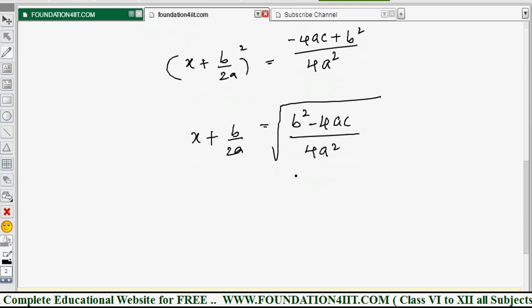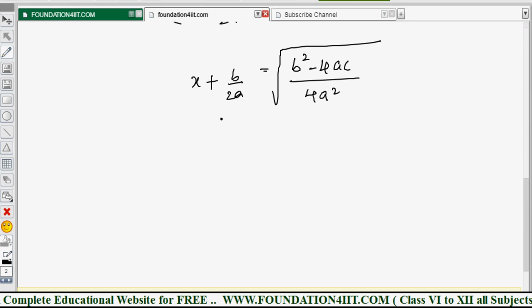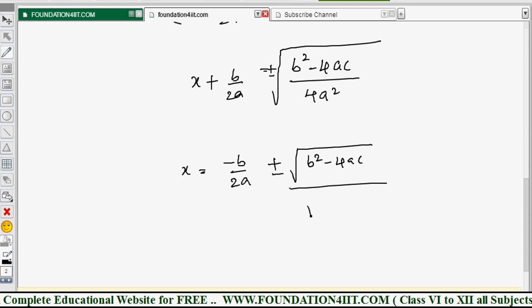Now only the x value we need. So this is a plus or minus, because you have taken the square root. So x is equal to minus b by 2a, taking plus b by 2a to the other side, plus or minus under root b square minus 4ac, whole divided by 4a square, also apply the square root, separately. The square root of 4a square becomes 2a.